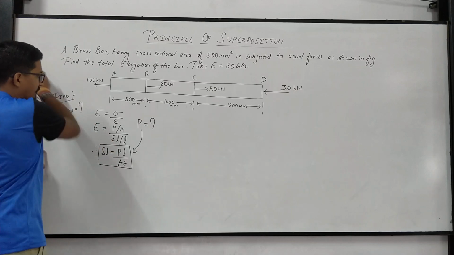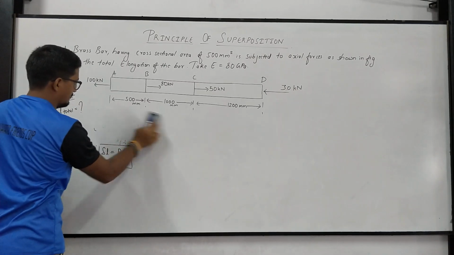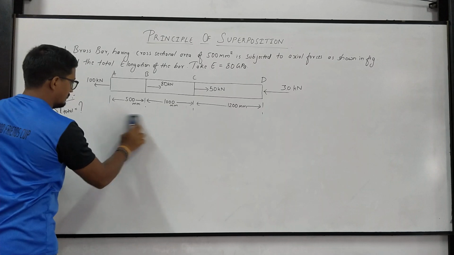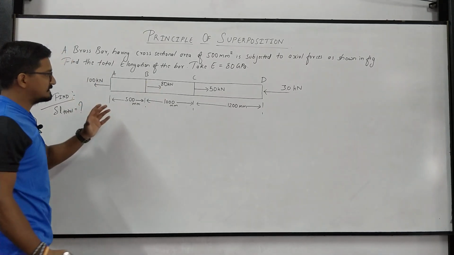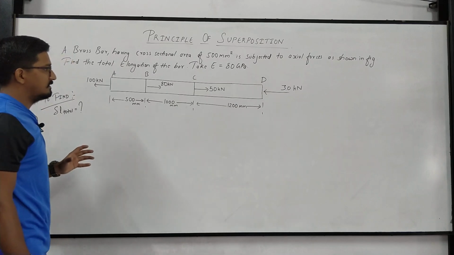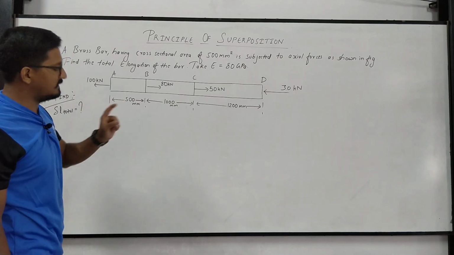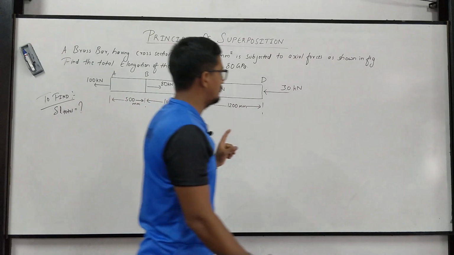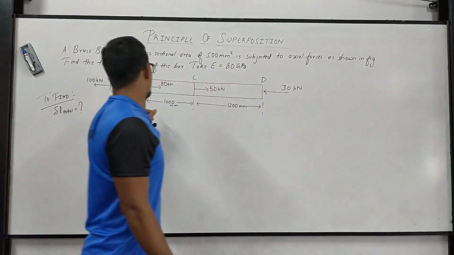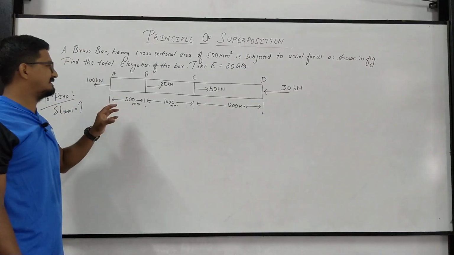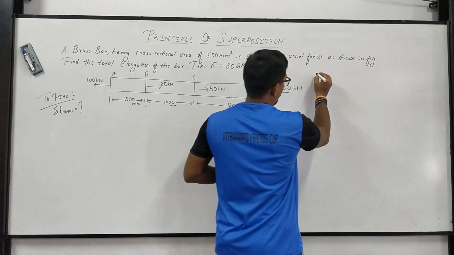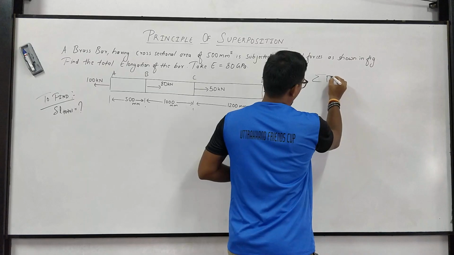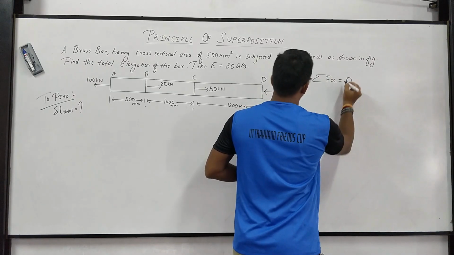So let's move into the problem. Before going into the problem, first we have to check whether this problem is correct or not. This can be checked by using the basic equation of equilibrium. As we all know, summation of Fx is equal to 0.